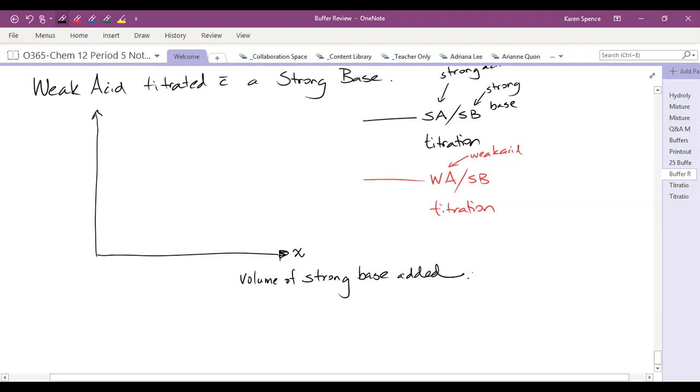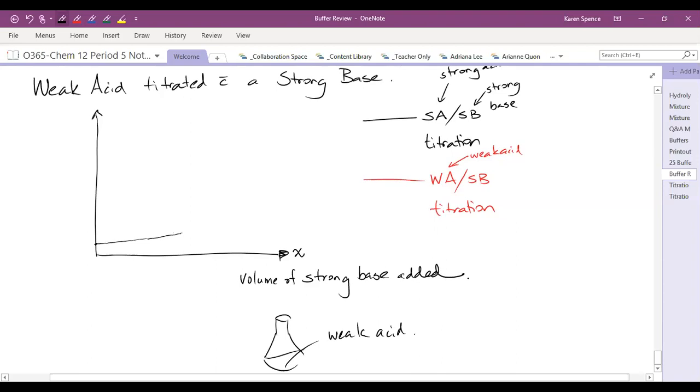Okay. And we are starting with, so in our flask, we have our weak acid. Okay. Oh, and before we do that, I'm just going to quickly draw the strong acid, strong base one in black here. So we have this.